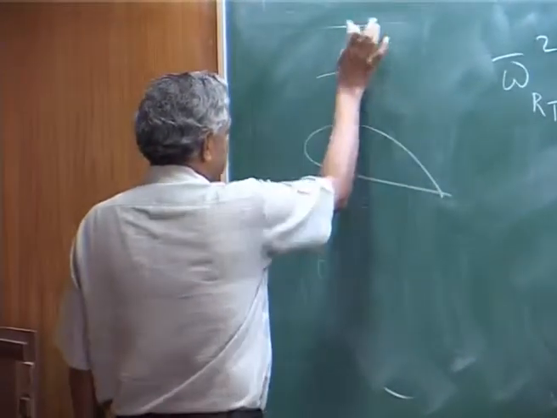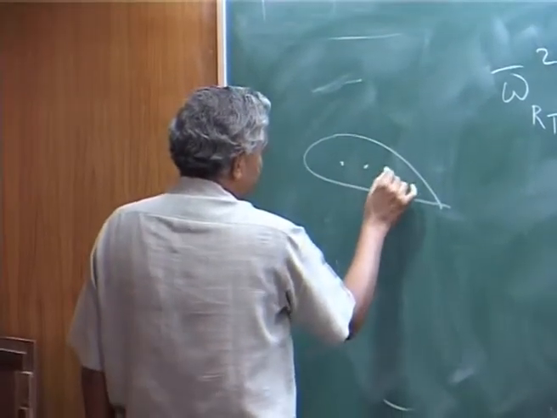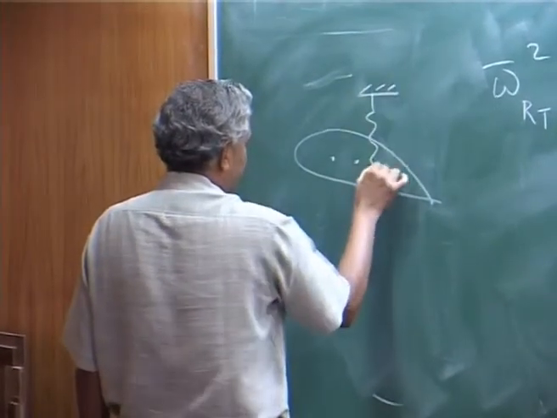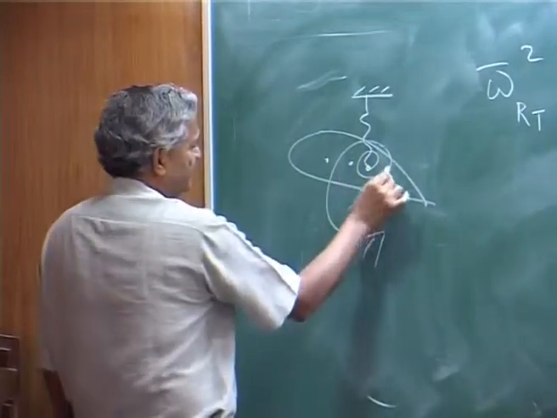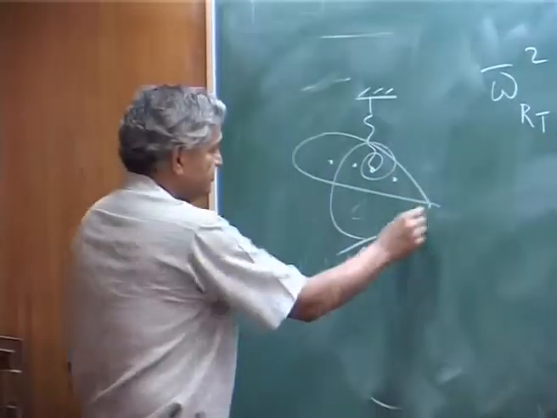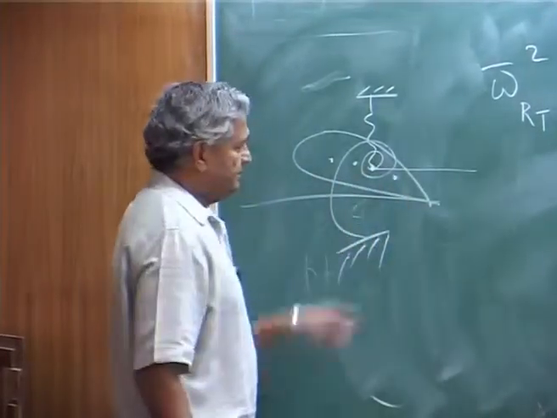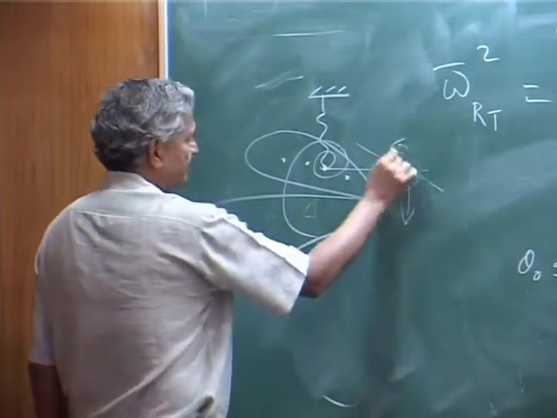There is a quarter chord. You take the half point and you take some elastic axis. This is the simplest model, and then the mass center. This point can come down and it can rotate.